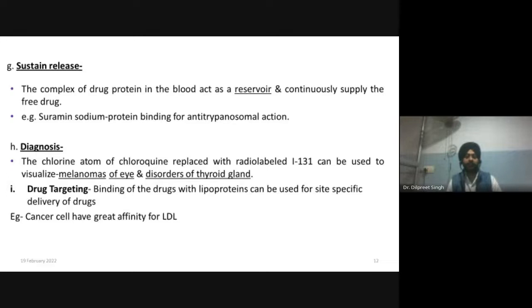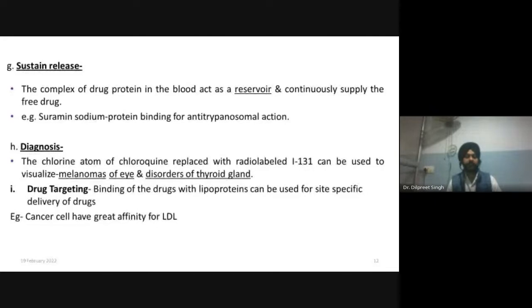For example, suramin. The market formulation as a sustained release is available for its anti-trypanosomal action. Because the binding is very high, about 99% is protein-bound, and only 1% is unbound and available for a therapeutic action. So the 99% binding creates a sustained release drug for a longer period of time.